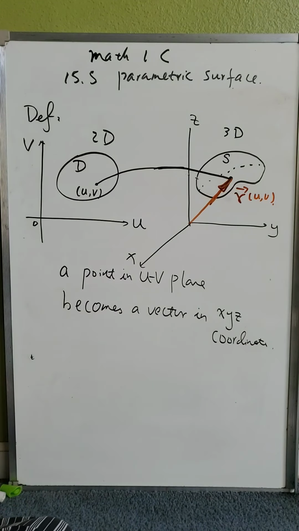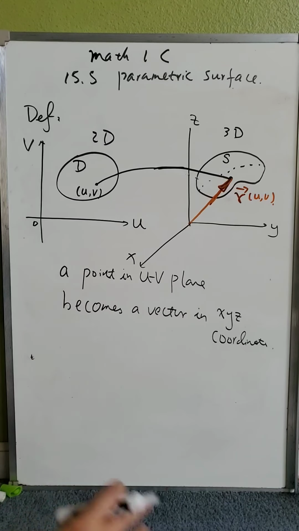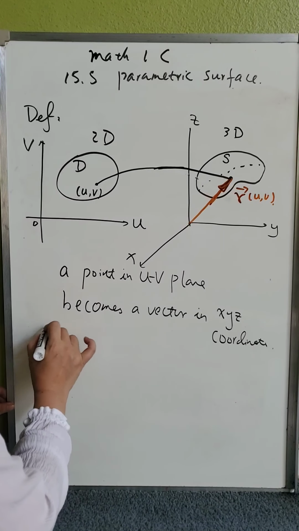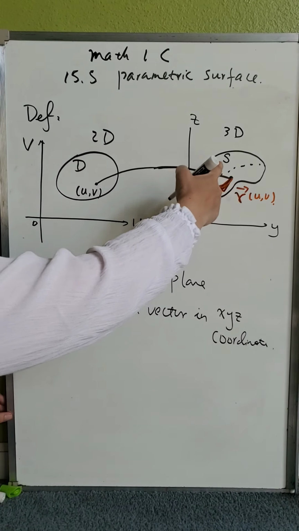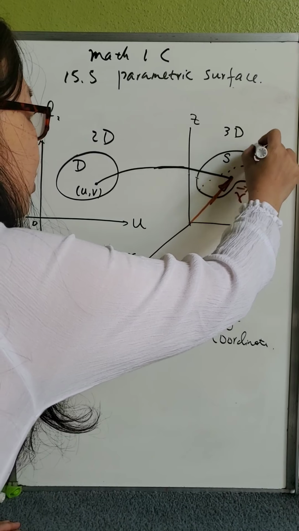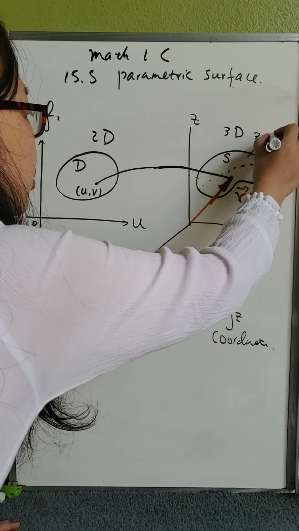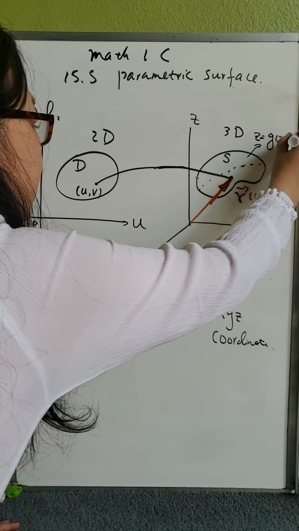Now there are two ways to parameterize this, okay? If the surface function, next time I'm going to use it, is z equal to g(x, y), okay?